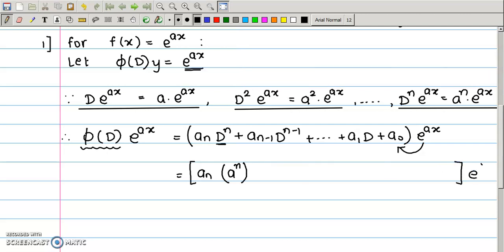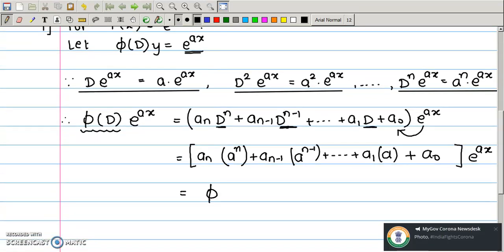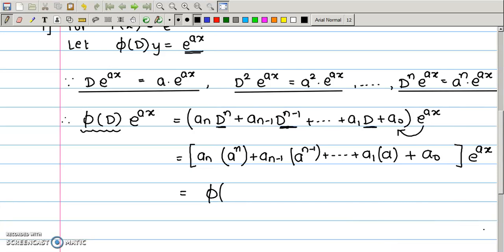We can take this exponential function common throughout the terms. Then n minus 1th derivative will be an minus 1 a raised to n minus 1 into exponential function, and so on up to a1 into derivative of e raised to ax is a into e raised to ax plus a0 into e raised to ax. So this is nothing but the auxiliary equation as it is, after replacing D by a only.